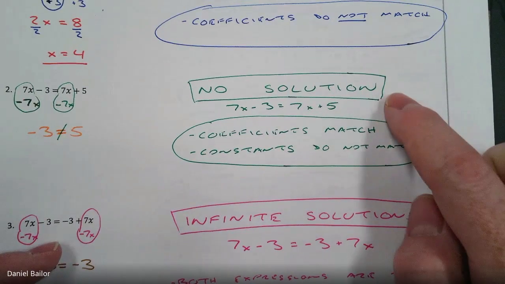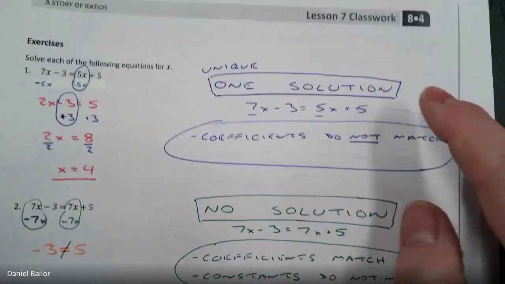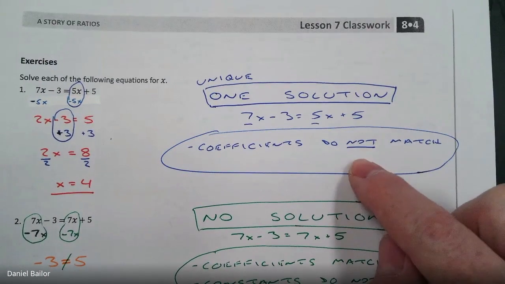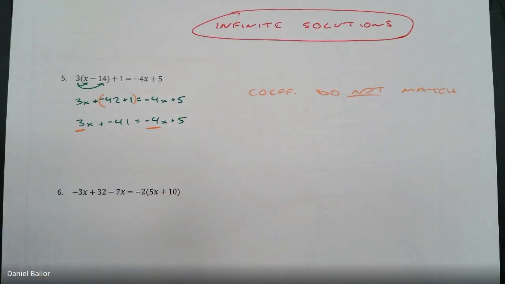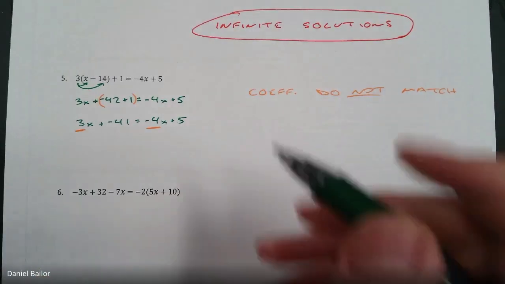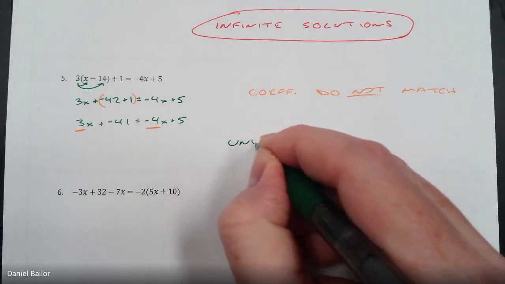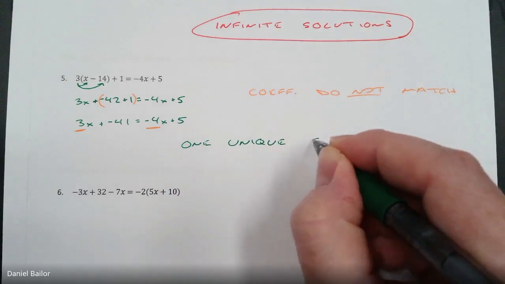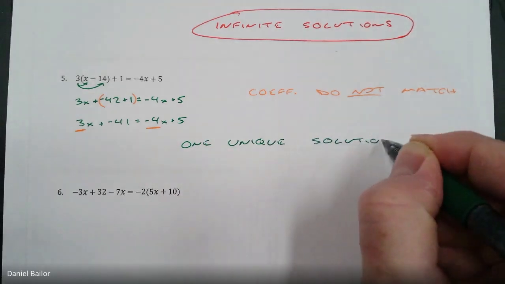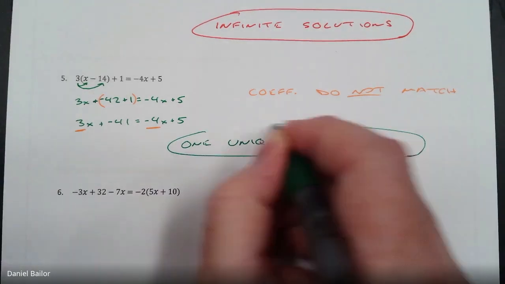For no solution, the coefficients have to match. But when the coefficients do not match, that means there is one unique solution. So the coefficients do not match, which means it follows the rules, and so there is one unique solution because the coefficients do not match.